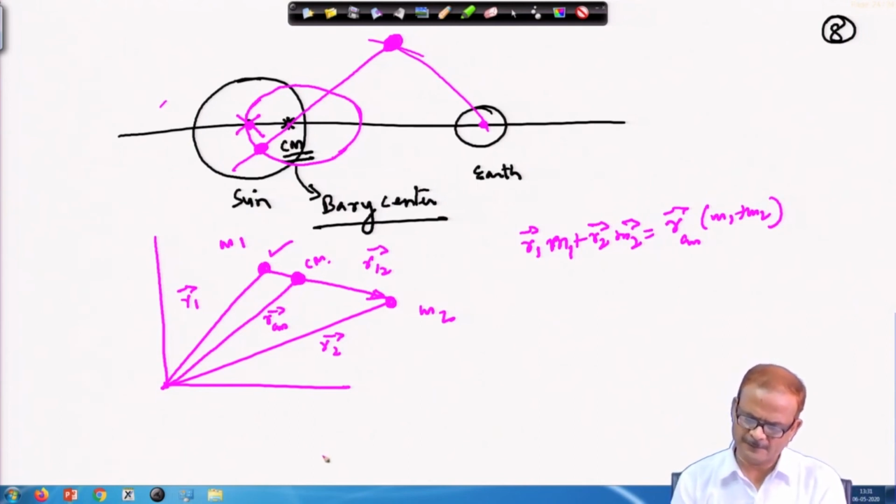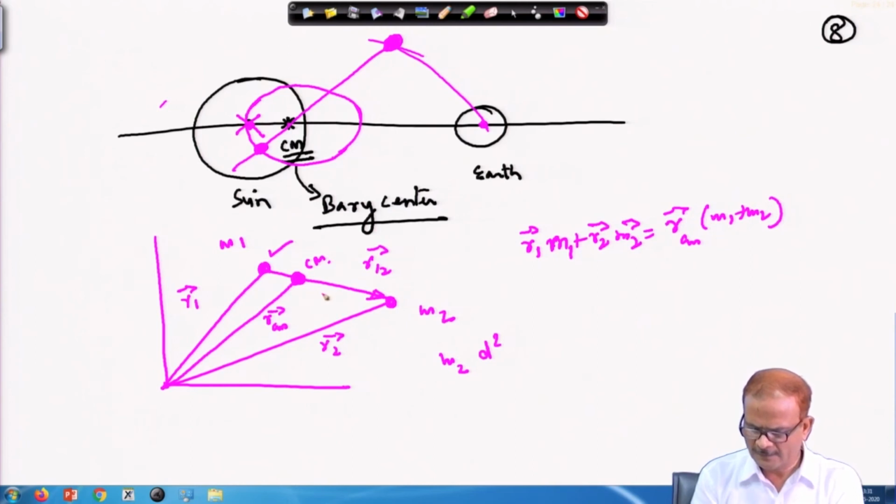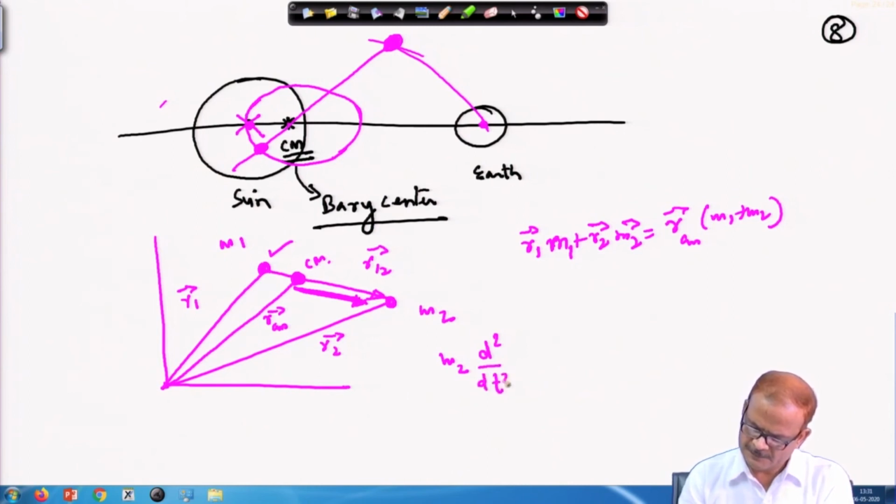So in that case, what do we need to do? We proceed in the same way. We write here M2 times d squared by dt squared. Now here I will be describing with respect to the center of mass. So if I describe with respect to the center of mass, we have to take this distance. How is this particle changing with respect to the center of mass?